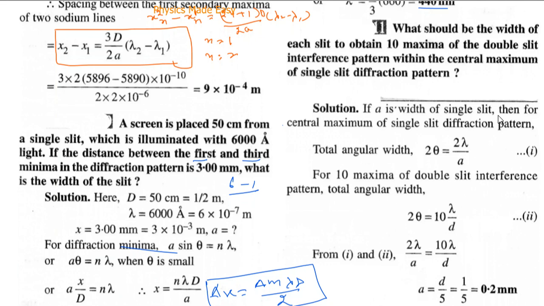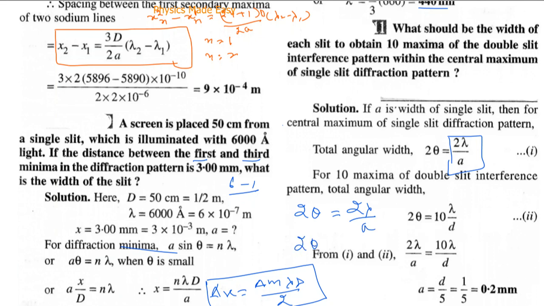Now this is the single slit diffraction. In 2 theta, the width of central maxima is 2 lambda by a.